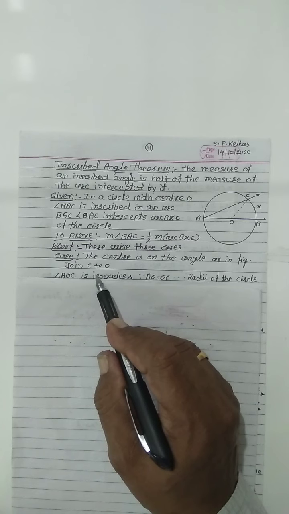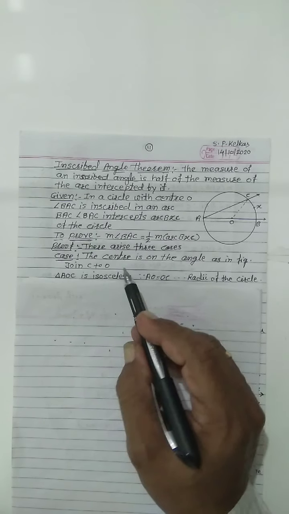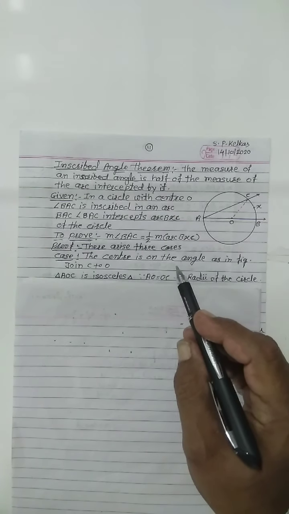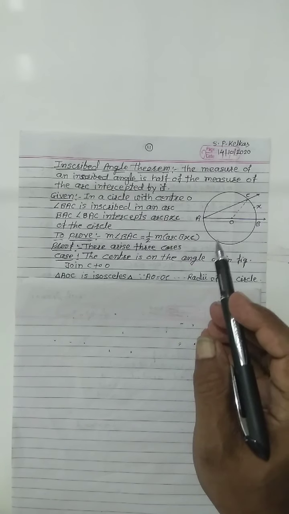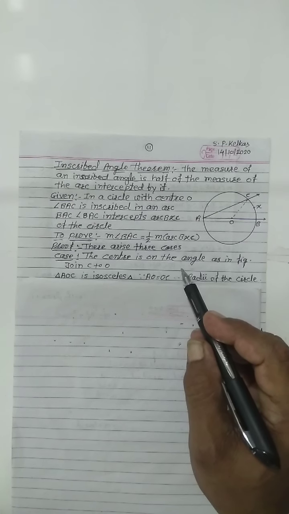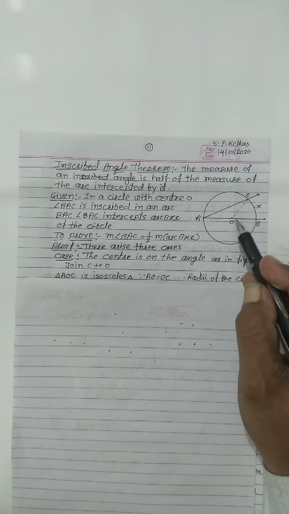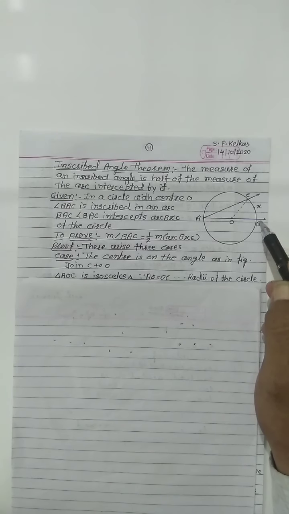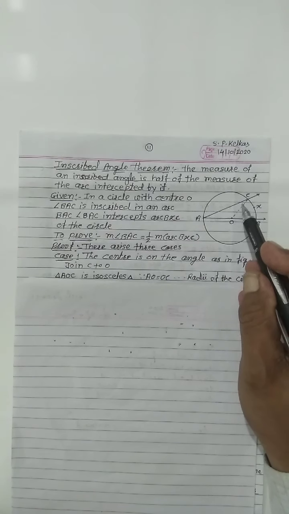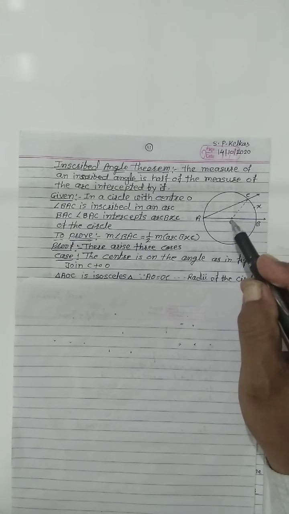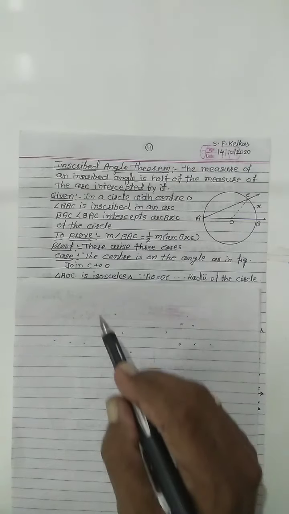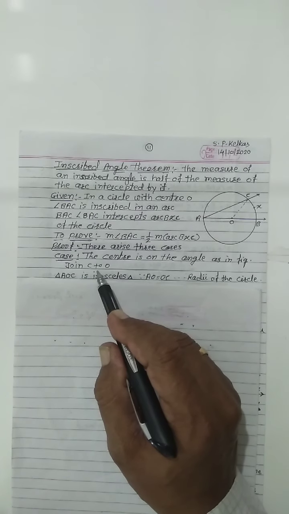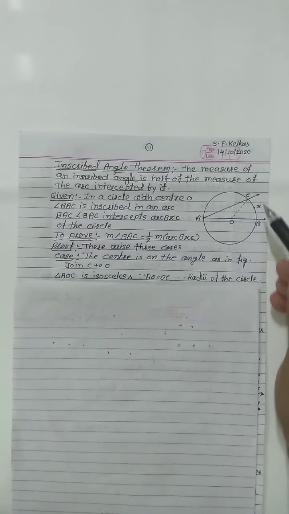The center lies on one of the sides of the angle BAC, that is, the side AB or AC. From these two sides, the center O lies on one of them. Then join C to O.